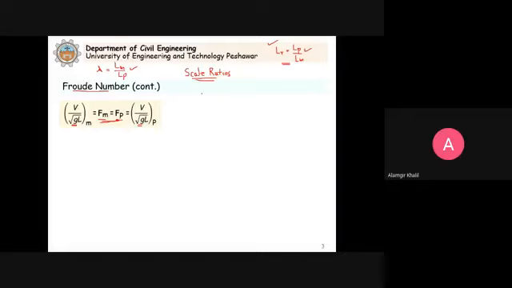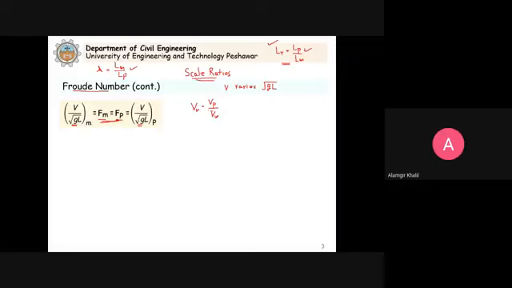For example, we know that this V varies as the square root of G and characteristic length L. So now the velocity scale ratio, VR, can be written as Vp, the velocity in the prototype, divided by Vm.